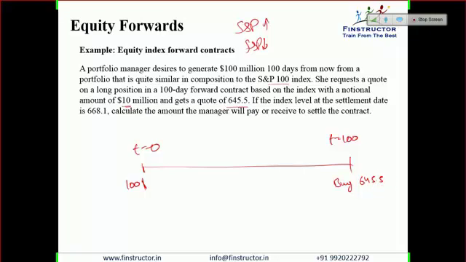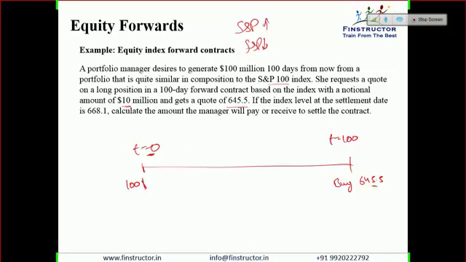Very similar to our book example. The book was bought at 100, so she agrees to buy at 645.5. Please note, this agreement has happened at t equal to 0. That is, this price is fixed today for an exchange that will happen at t equal to 100.